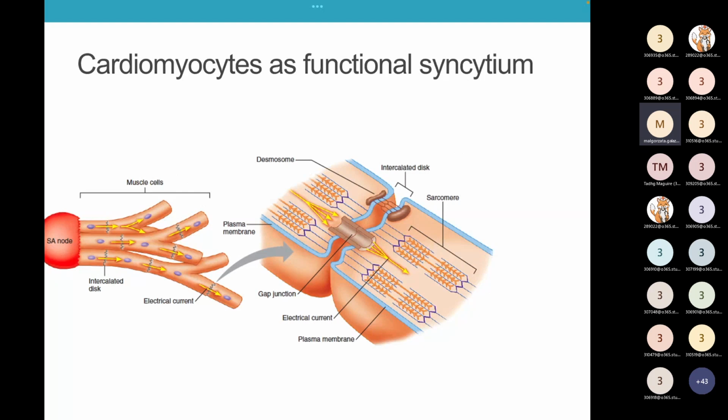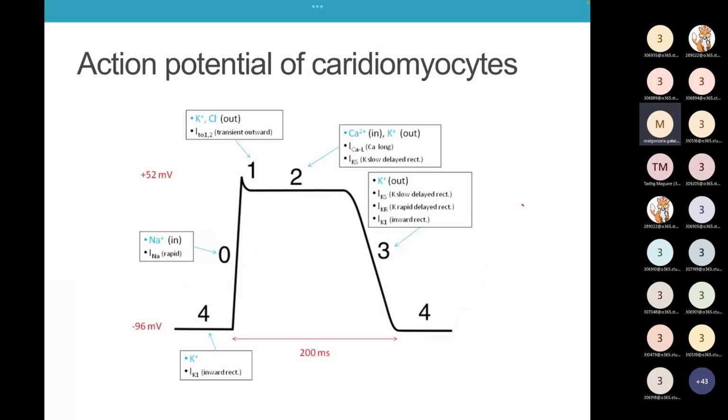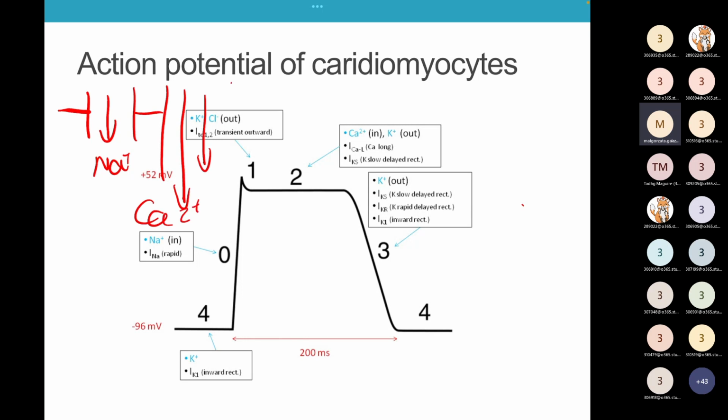Once the action potential is conducted to cardiomyocytes, the cardiomyocytes generate their own action potential. Sorry for the noise. During the action potential of pacemaker cells, we observe a very rapid influx of sodium ions and an even greater influx of calcium ions into the cell.